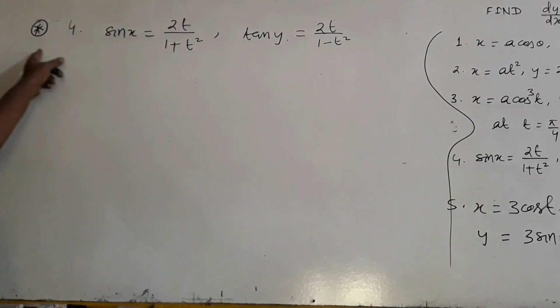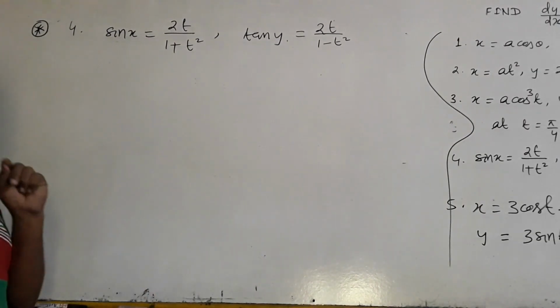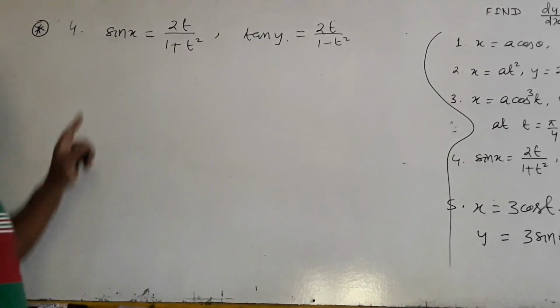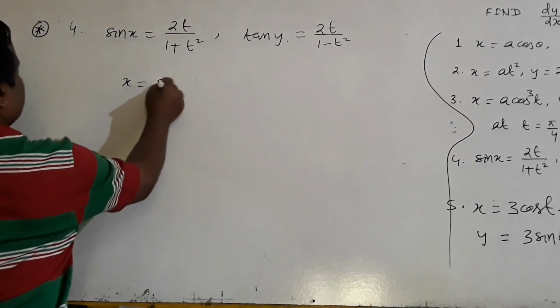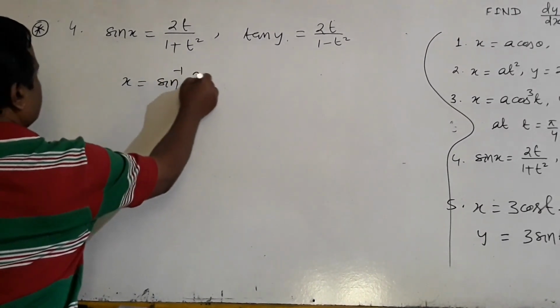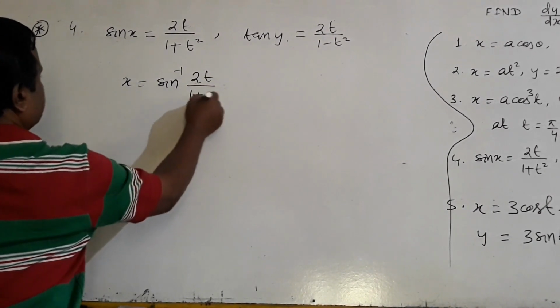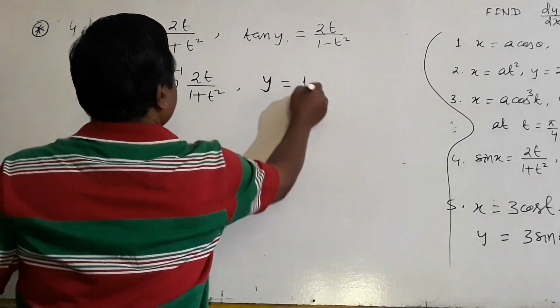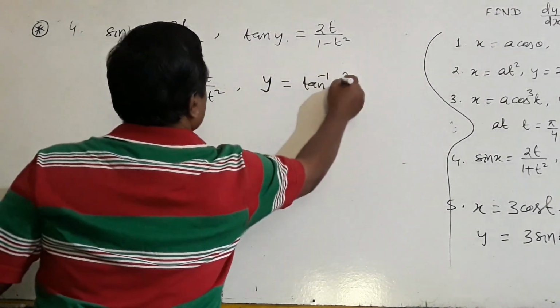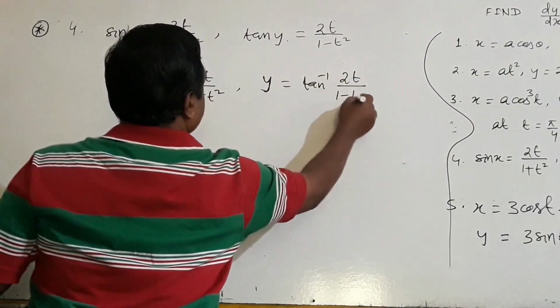I am marking a star on this problem because I am doing it in a different style. x is sin inverse of 2t by 1 plus t square, y is tan inverse of 2t by 1 minus t square.